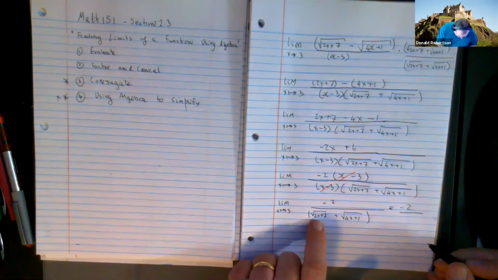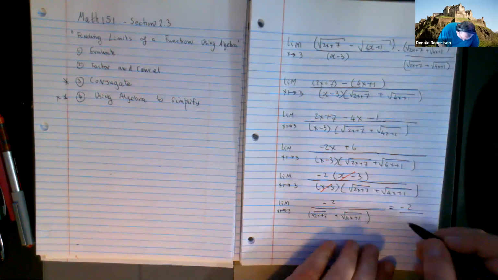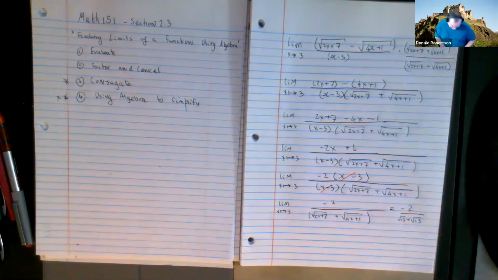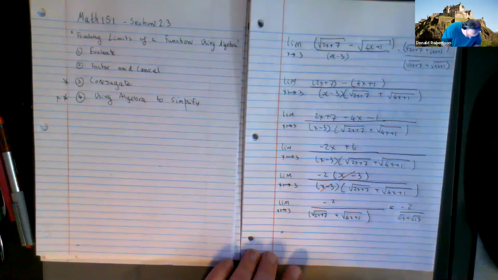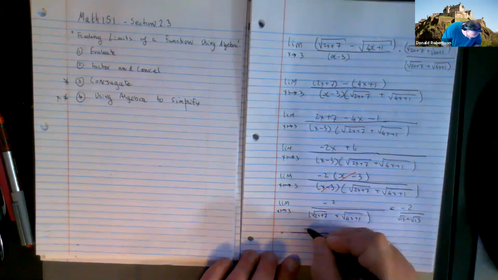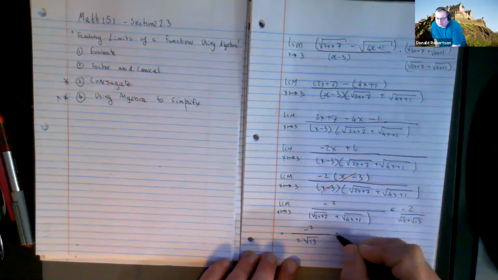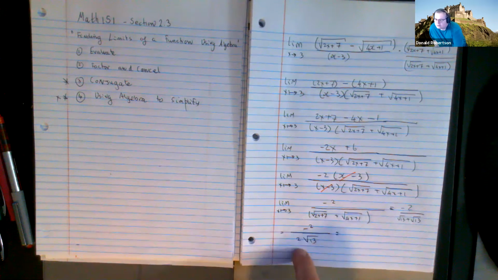If you plug in 3 here, you get the square root of 13. If you plug 3 in here, you get the square root of 13. And we have that. And I call this style points. Style points just means make the answer as simple as possible so that everybody in the world would probably eventually write down the same thing as you. Is there anything I can do to the fraction here?